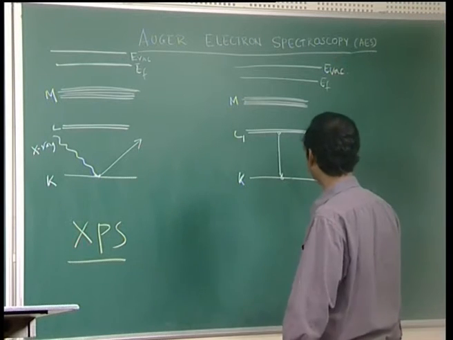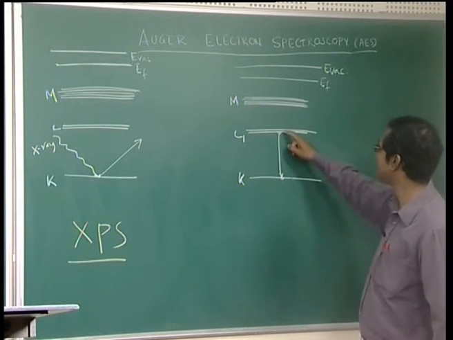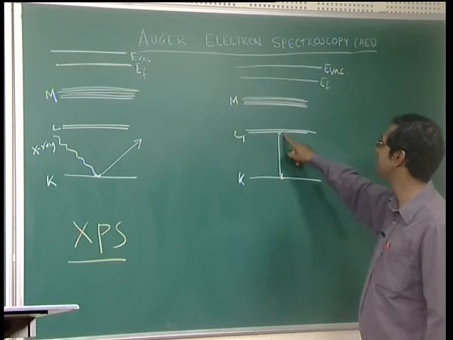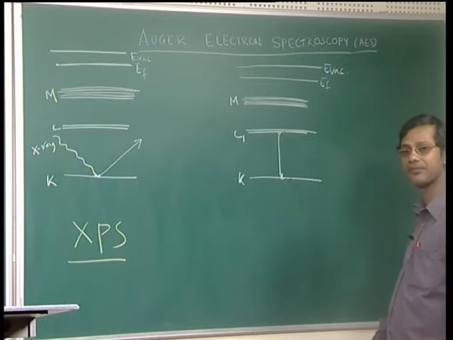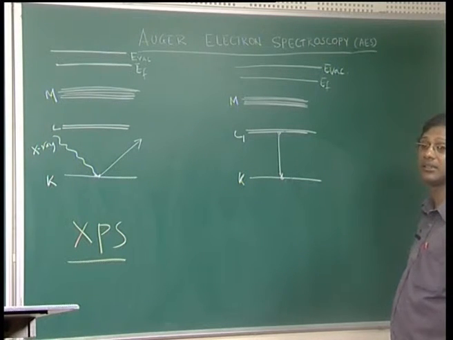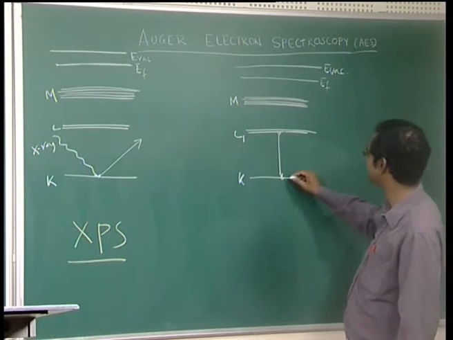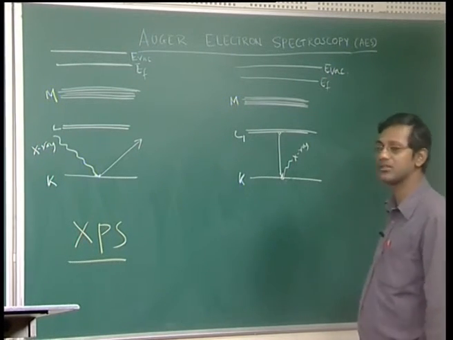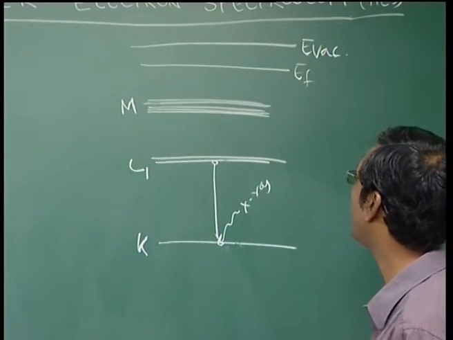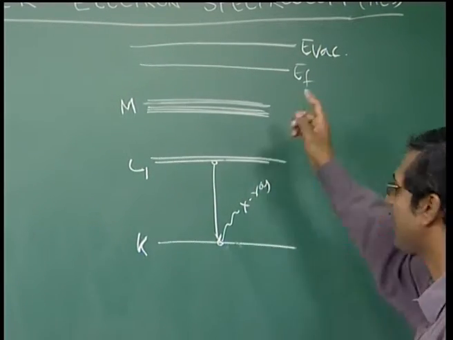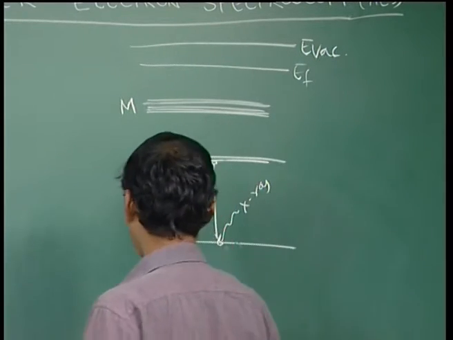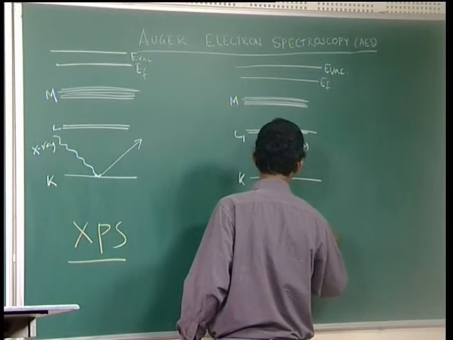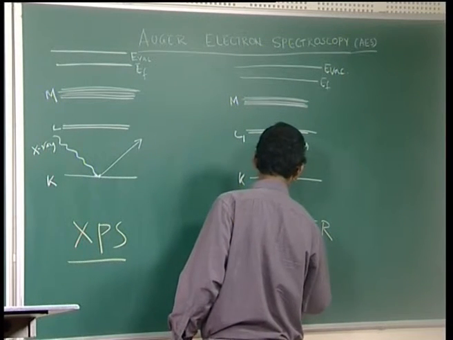Because of this difference in energies between L and K, some amount of X-rays will come out, and these X-rays can eject another electron from higher levels like L or M, and this is what is called Auger electrons, and this is what is known as the Auger process.